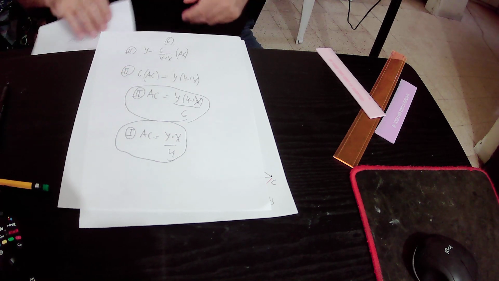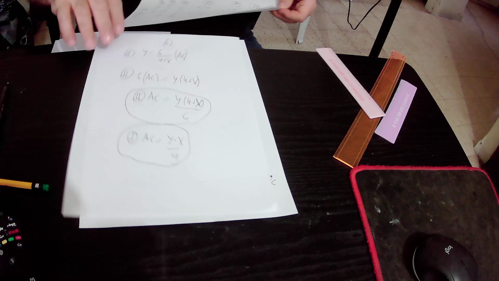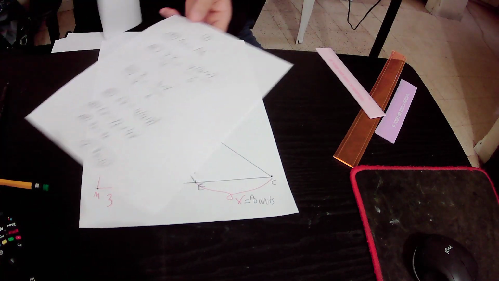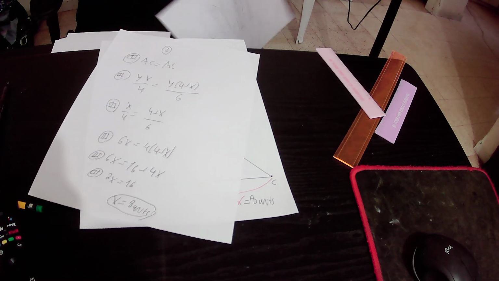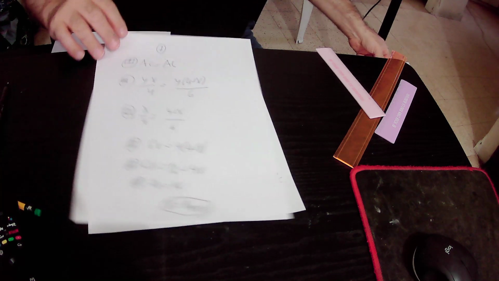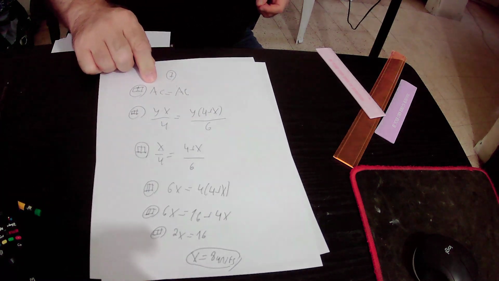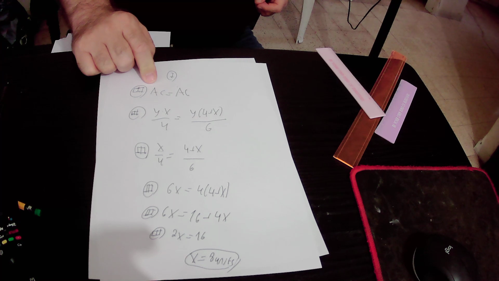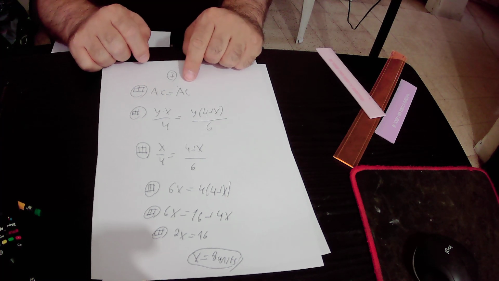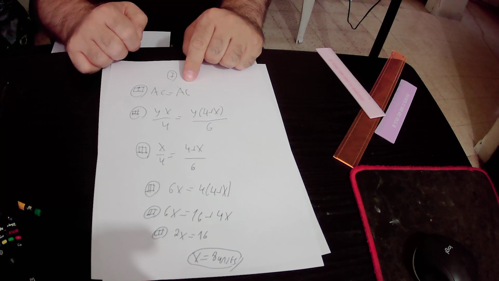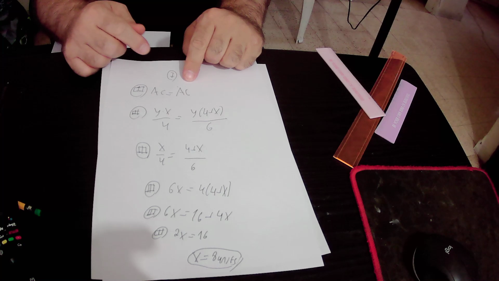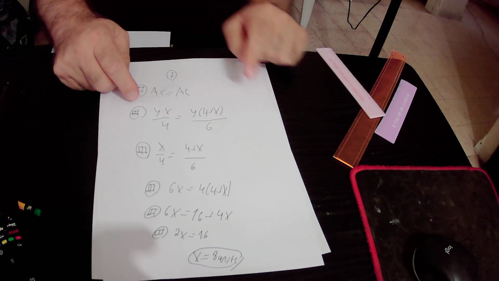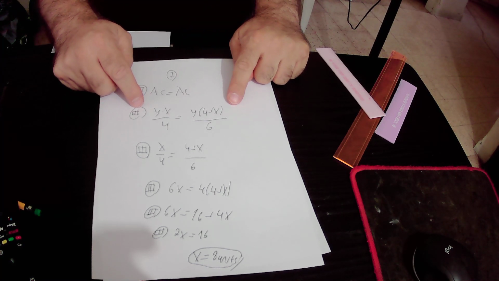Then we created equation number 3 that states that AC equals AC, and we substituted the value of AC on one side by the value from equation number 1, and on the other side by the value of AC that we found in equation number 2, and we got this equality.